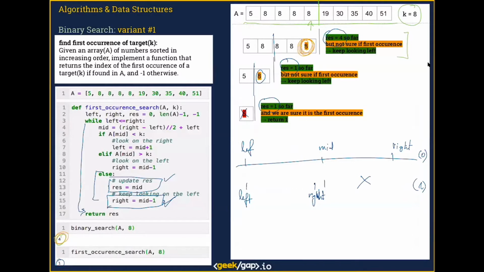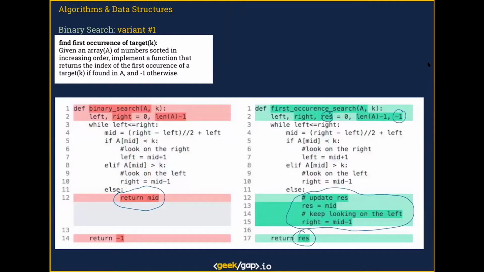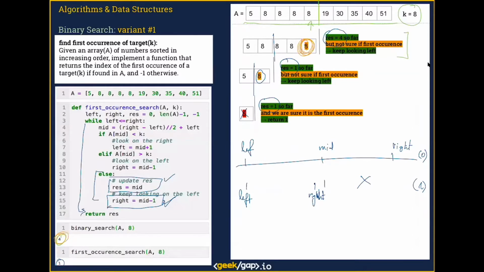But if you're looking for the first occurrence, it means that you don't want to return as soon as you find an occurrence. If you're doing binary search, definitely you're going to meet this guy first, but nothing tells you that it's actually the first instance of 8 that you have in your list.